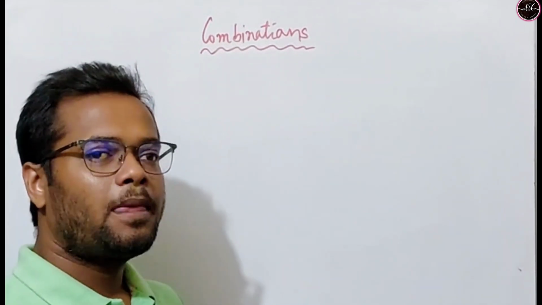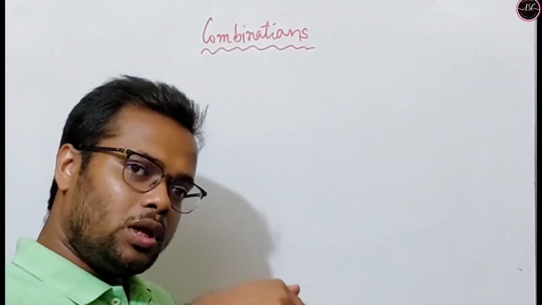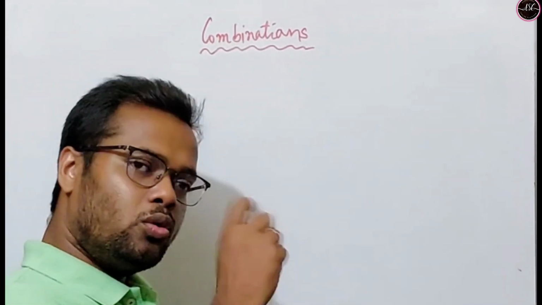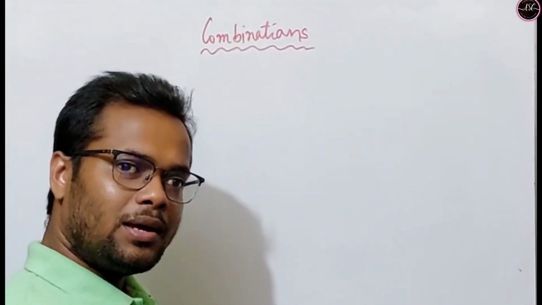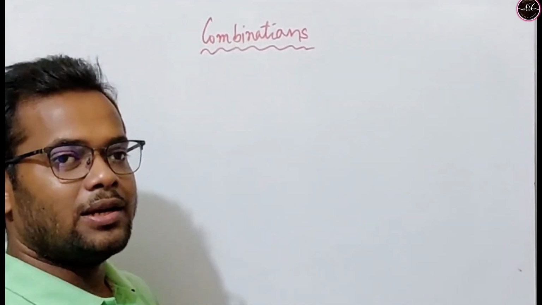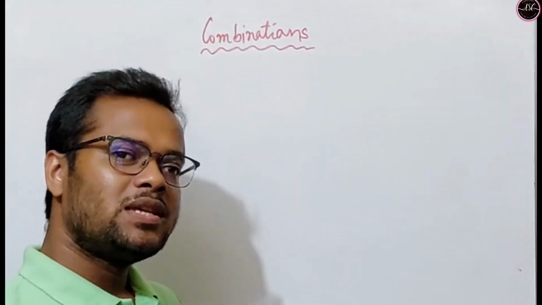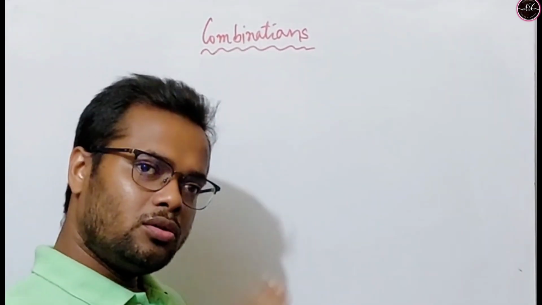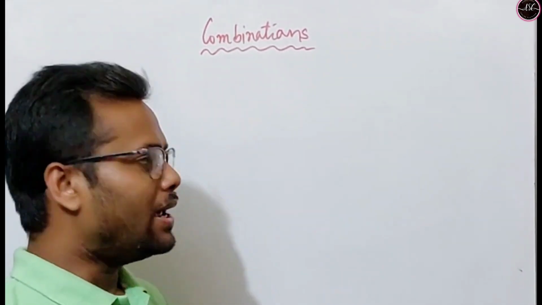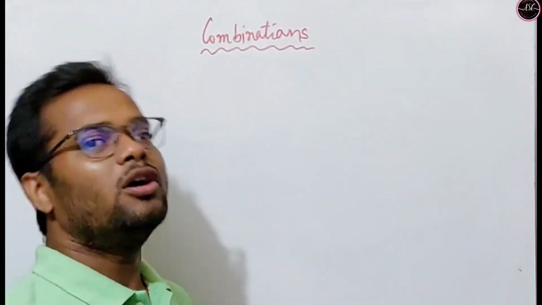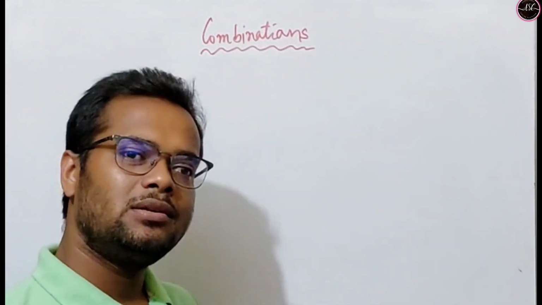What is combination? Here in permutation we have learned the arrangement, and here in combination we have learned the selection. So if there is selection, then we have to do the combination, and if there is arrangement, that was permutation. Okay, clear?